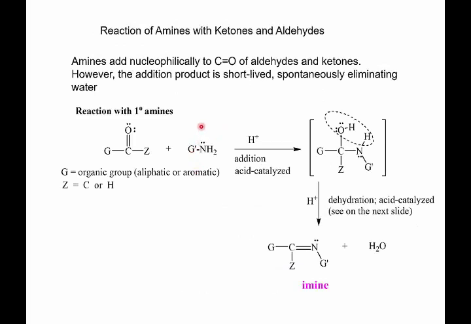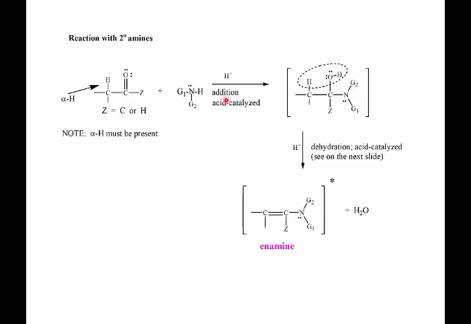A primary amine has just one carbon group on the amine nitrogen. A secondary amine has two carbon groups on the amine nitrogen. If you had three carbon groups on the amine nitrogen, that's called a tertiary amine.